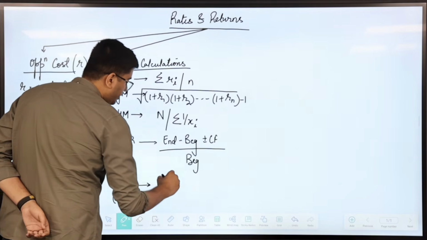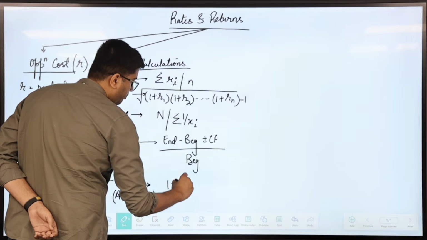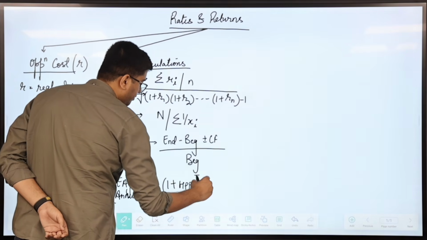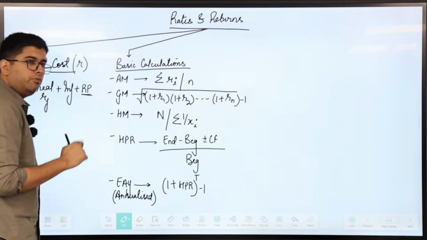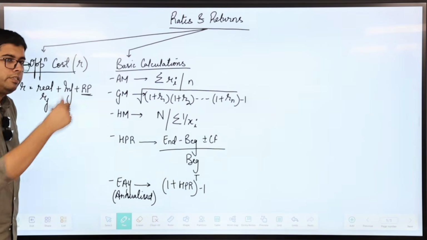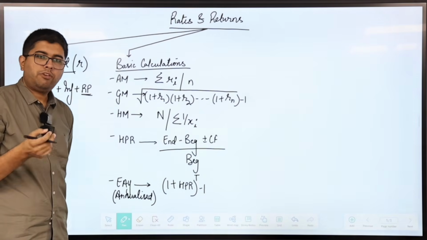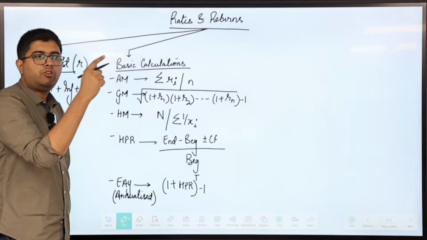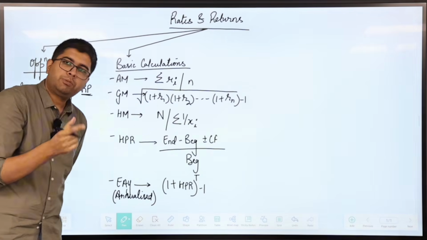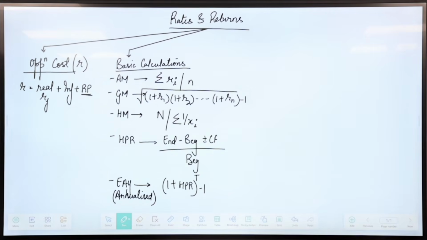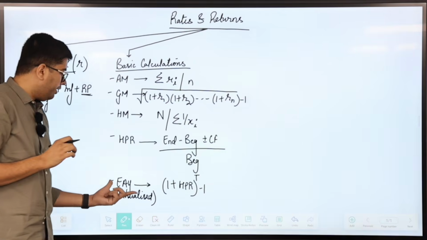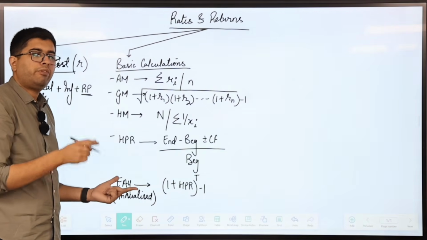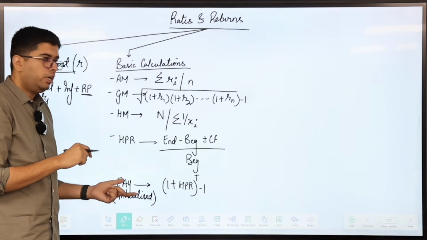So this is calculated simply as 1 plus holding period rate adjusted for time minus 1, where this time would either be 365 by days if your investment horizon is given in the form of days, or it would be 12 upon months if your investment horizon is given in the form of months. Now, EAY, when we cover the prerequisites of time value of money, we cover the concept of effective annual rate over there also.